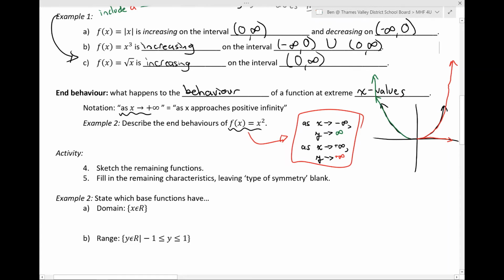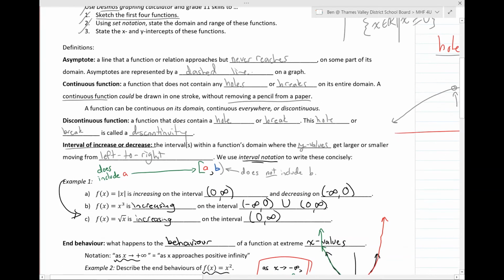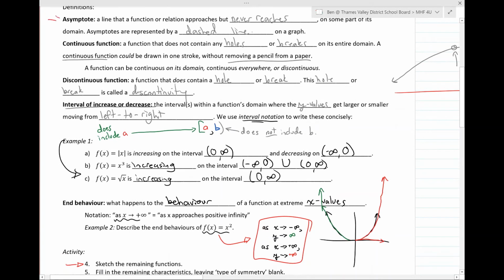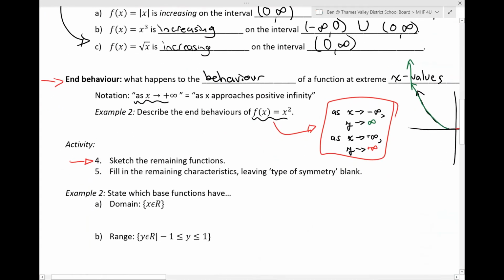Now, after going through this example, we'll jump back into the activity. There are more remaining functions that we're going to work with. And now that we've learned new characteristics, right, we've learned about asymptotes, we've learned about the continuity of functions, we've learned about intervals of increase and decrease, and we've learned about end behaviors. So we're going to fill in the remaining characteristics, and we're going to leave type of symmetry alone for now.